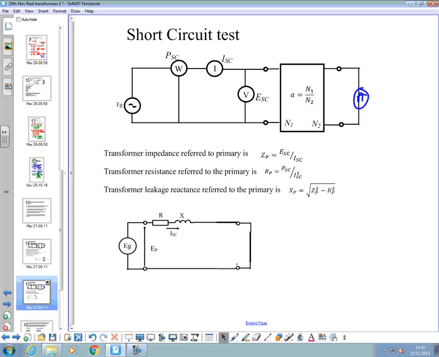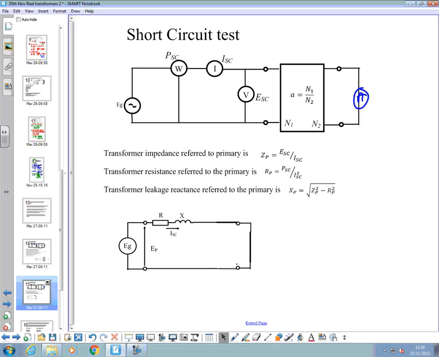And then we get the transformer impedance. That's the R1 and the R2 and the X2 transferred to the primary. We can get from the short circuit voltage.